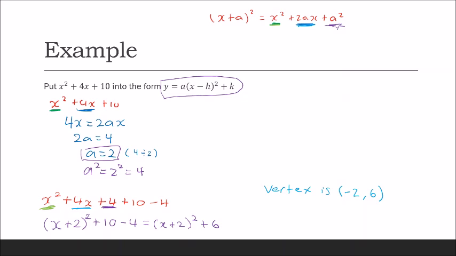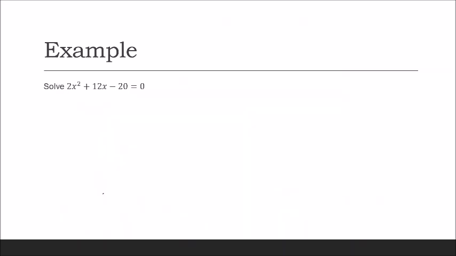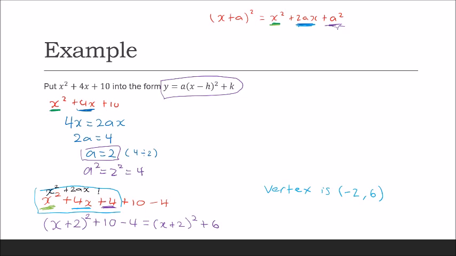We could do that if the question asked us. But I really just want to point out that this here, the x squared plus 4x plus 4, is my x squared plus 2ax plus a squared. That's directly this bit at the top.